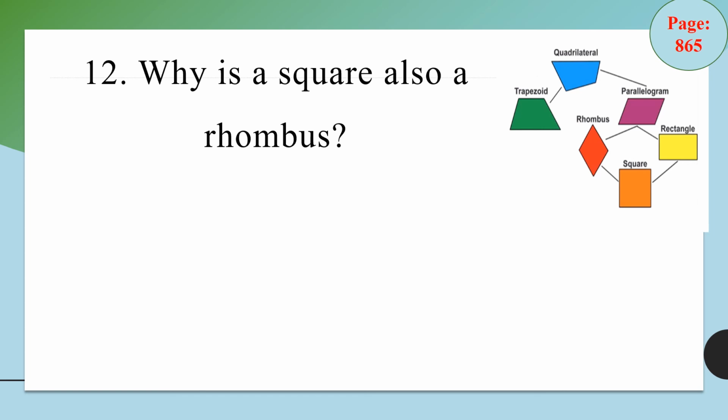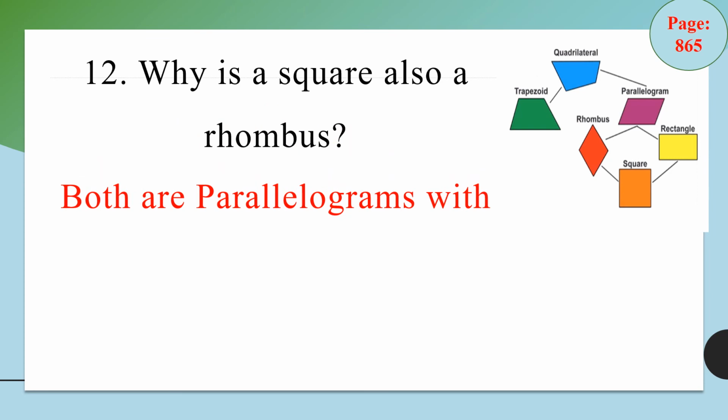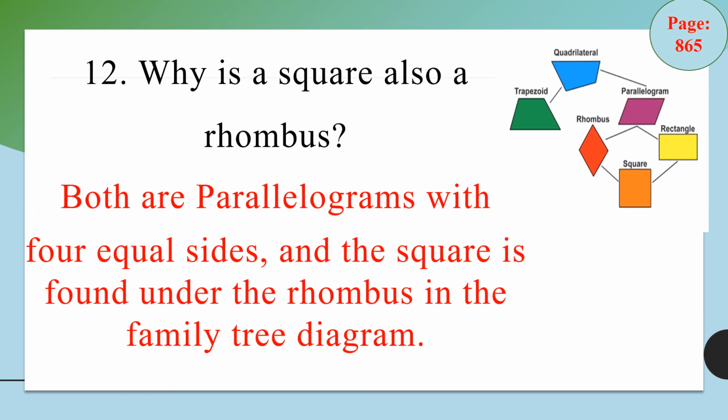One more property. Yes, both have equal sides. Now look at this family tree. Are they related? Yes. Square is under rhombus in the family tree of quadrilaterals.